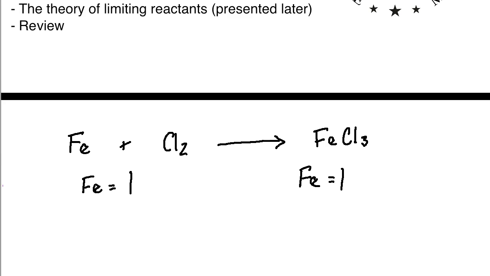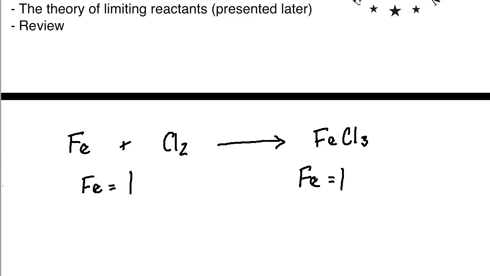And so if I'm going to change the number in front of one of them, I must always change the number to the same number in front of the other. And that's the only way that that would work. So if you ever get to a point where you might be struggling in a situation that's more complex than this, and you see a compound that's got the same amount on the left as it does on the right, you're going to need the same number in front of that particular compound or atom or element.